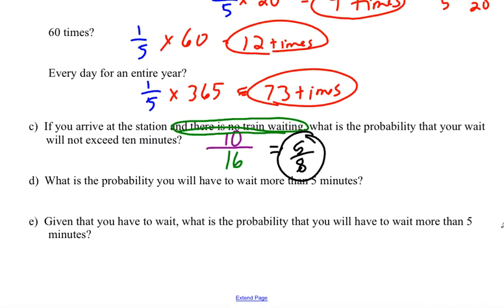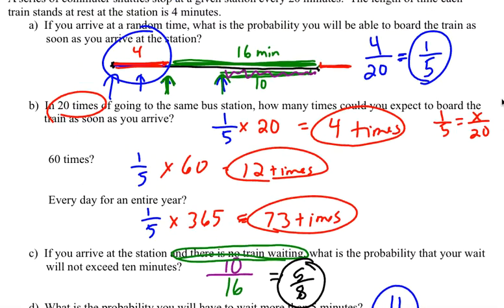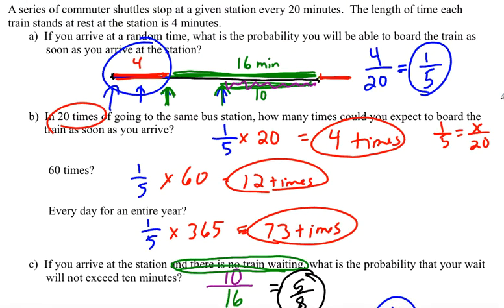Okay, you paused the video, you tried them, and you should have gotten for D, what's the probability you'll have to wait more than 5 minutes? 11 out of 20. Let's take a look. I didn't tell you that there is or isn't a train waiting, so we're still considering the whole interval of 20. Waiting more than 5 minutes, if you're looking at the picture, this was 10 minutes or less.